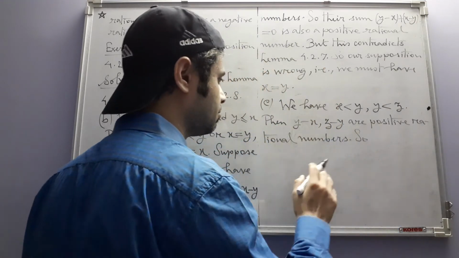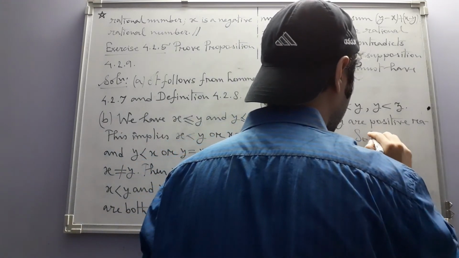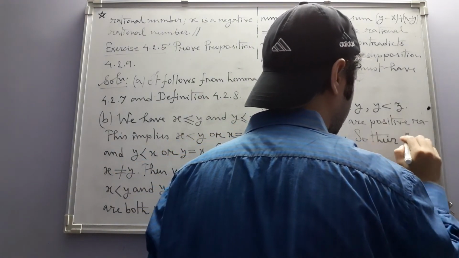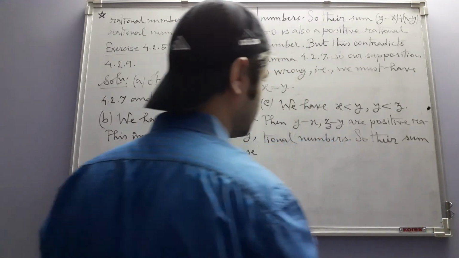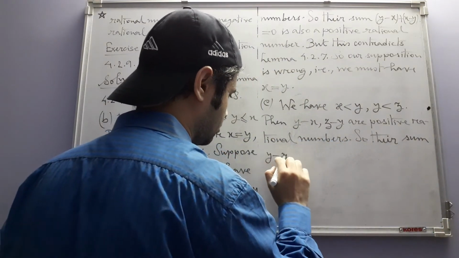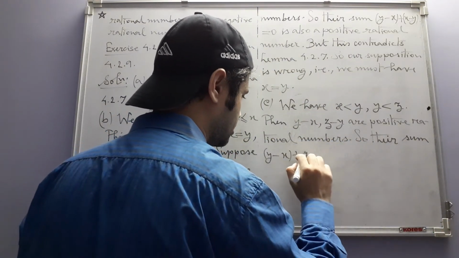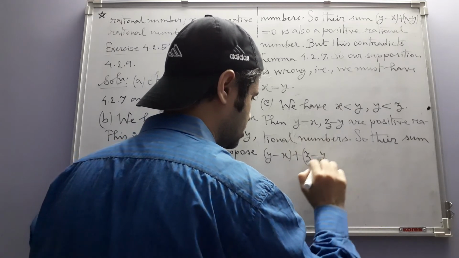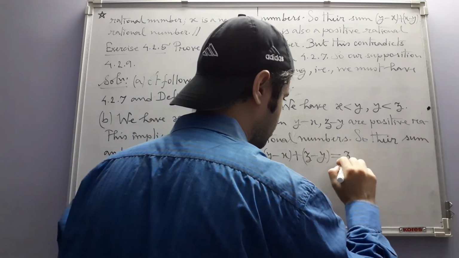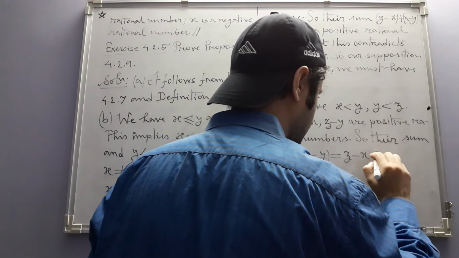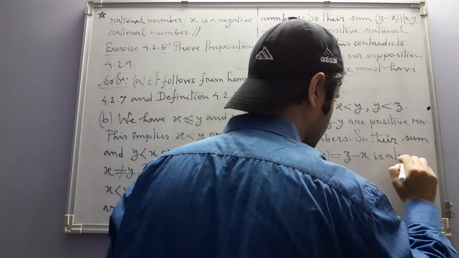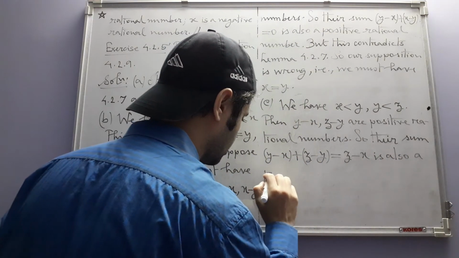So same like the above one. So their sum, y minus x plus z minus y, which is nothing but z minus x, is also a positive rational number.